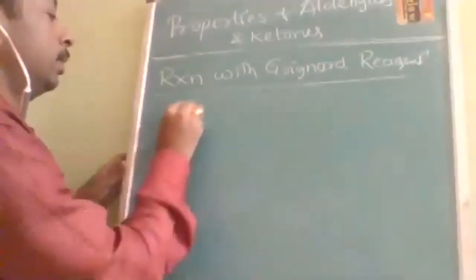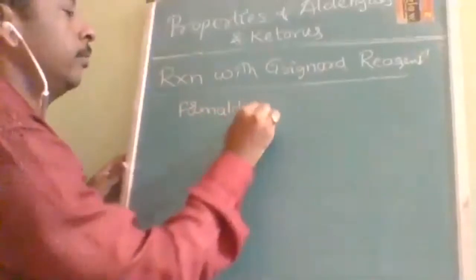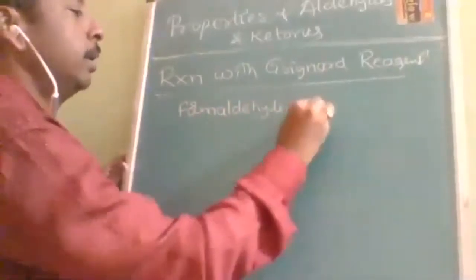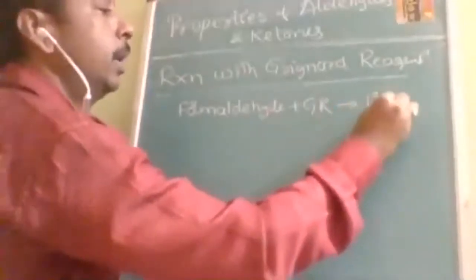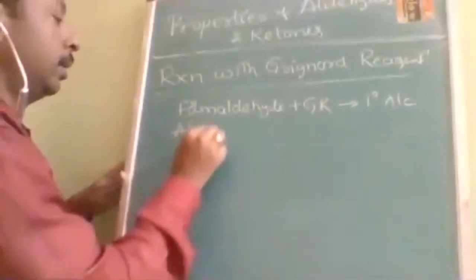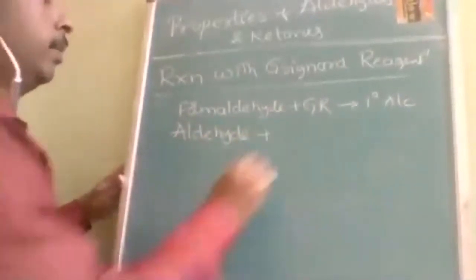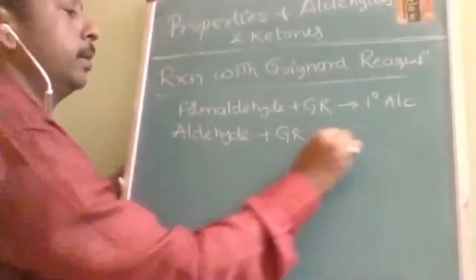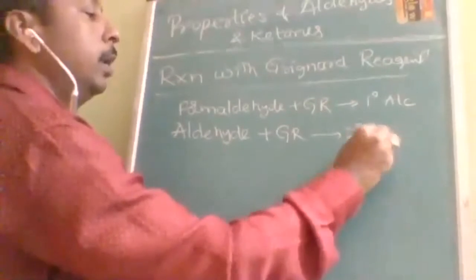Suppose formaldehyde plus Grignard reagent, Gr meaning Grignard reagent. What does it give? A 1-degree alcohol. Any aldehyde other than formaldehyde plus Grignard reagent, what will it give? A 2-degree alcohol.